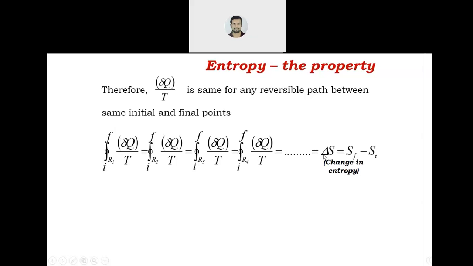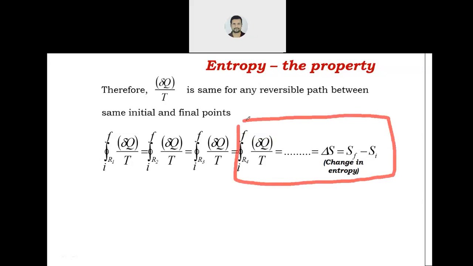The change in entropy is SF minus SI, and this equals the integral of dq by T from the initial to the final state. This is the important conclusion, and this is your property. From here the property entropy came into existence.